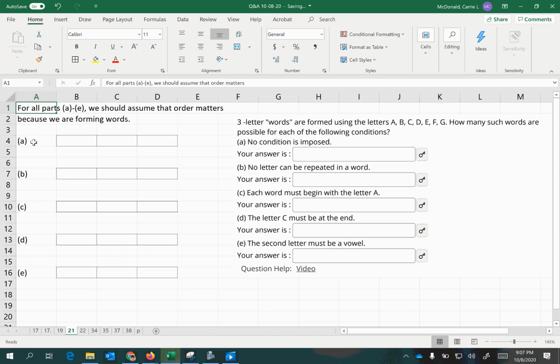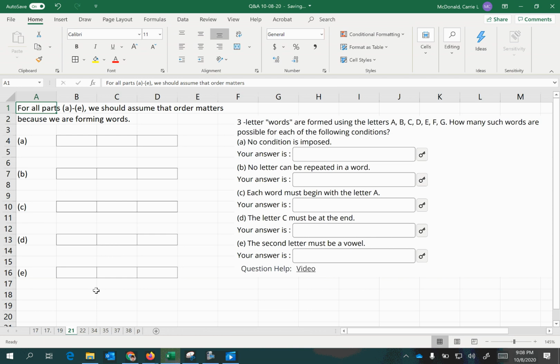That should be true for all of the parts, but part A says no additional condition is imposed. We always want to consider the possibility of using the combinations formula, since that's the only one in which order does not matter.